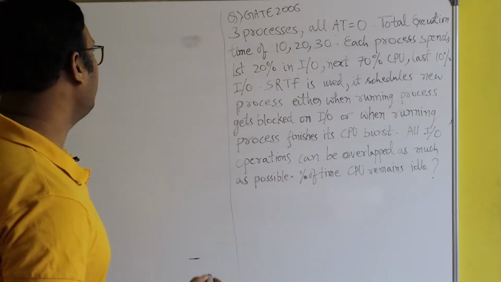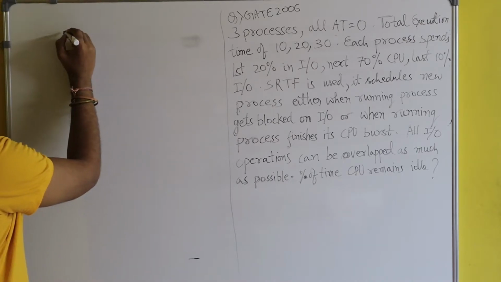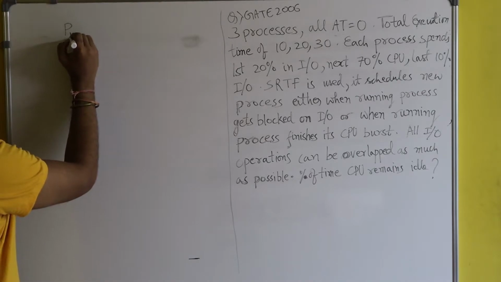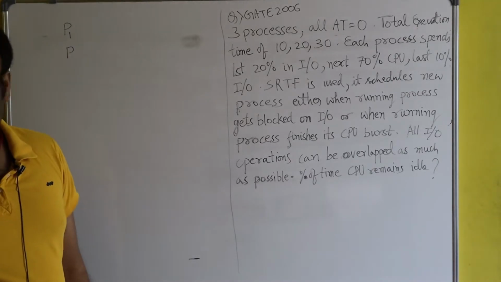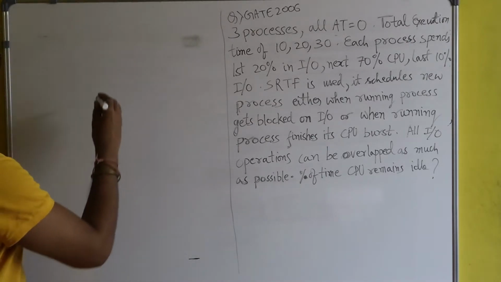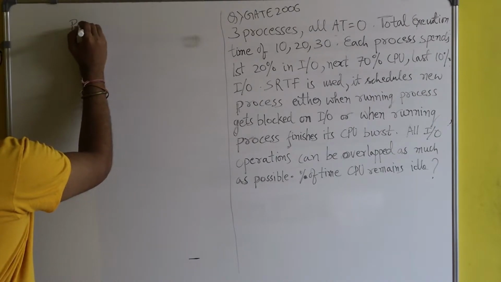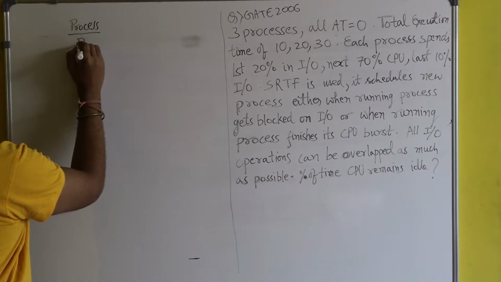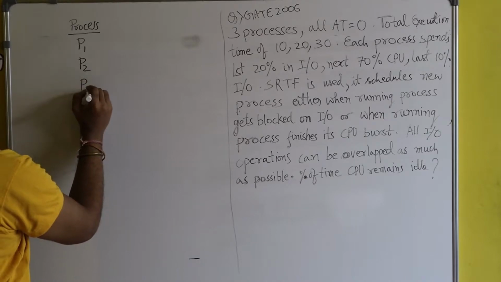It means what? I draw here: there are three processes, P1, P2 and P3.